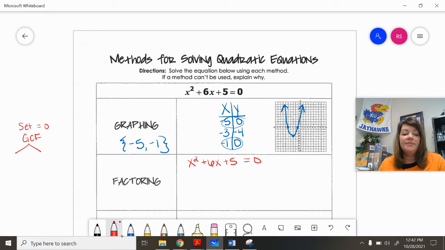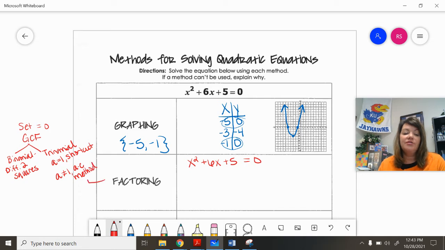And then the third step said from there, if it's a binomial, check for the difference of 2 squares. And if it was a trinomial, then if a equals 1, we could use that shortcut. And if a does not equal 1, then we have to use the AC method.